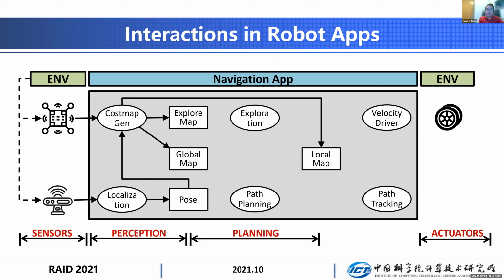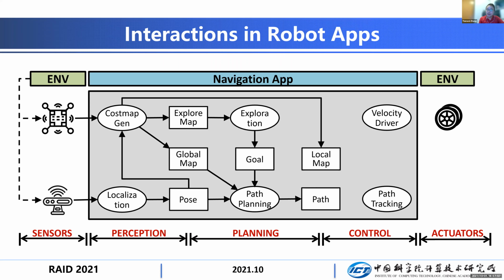The planning module is responsible for making the long-term actions based on the output of the perception stage. It needs to make either the exploration plans or the path planning plans. After the action is figured out, it will be sent to the next stage, which is the control module.